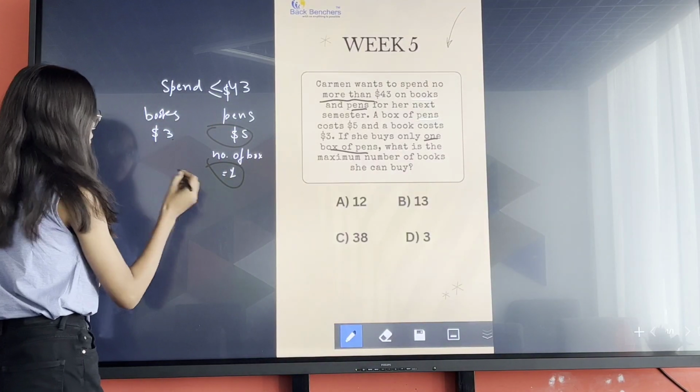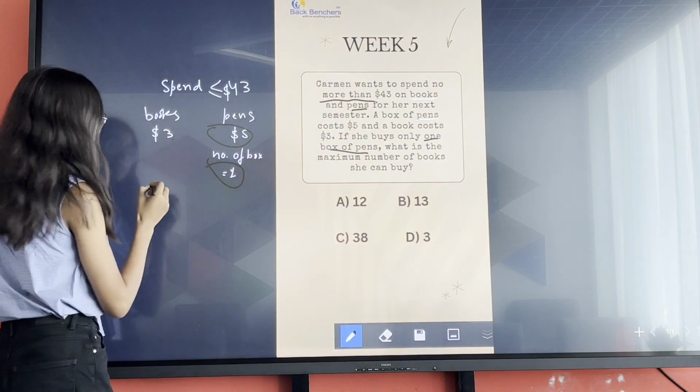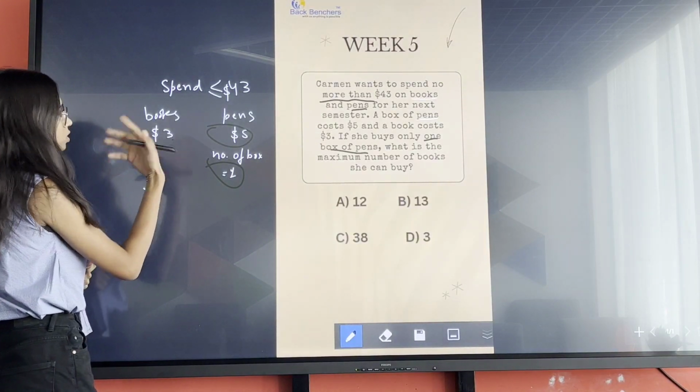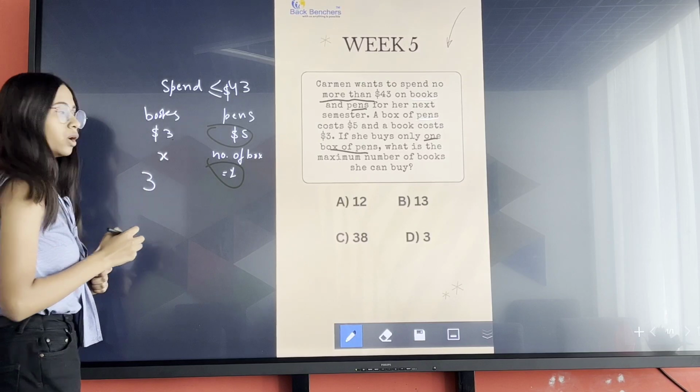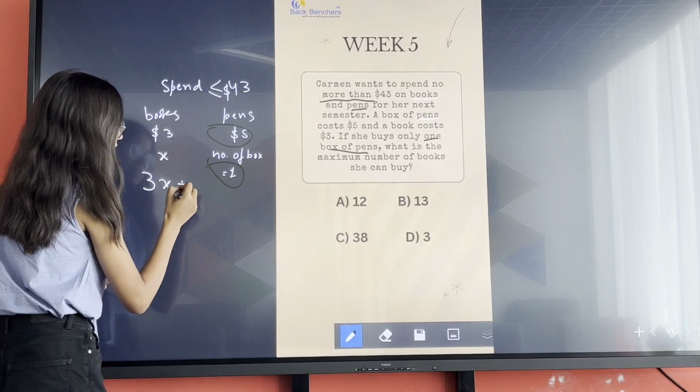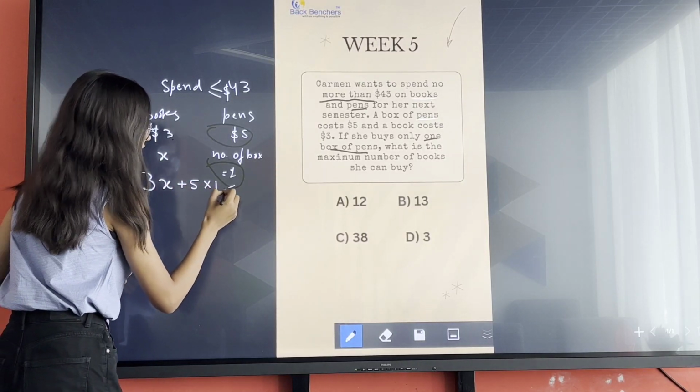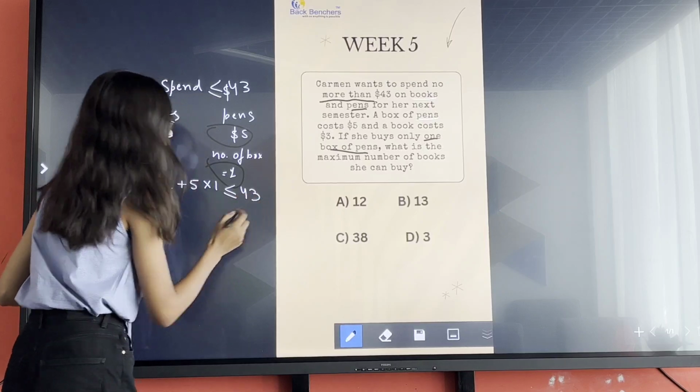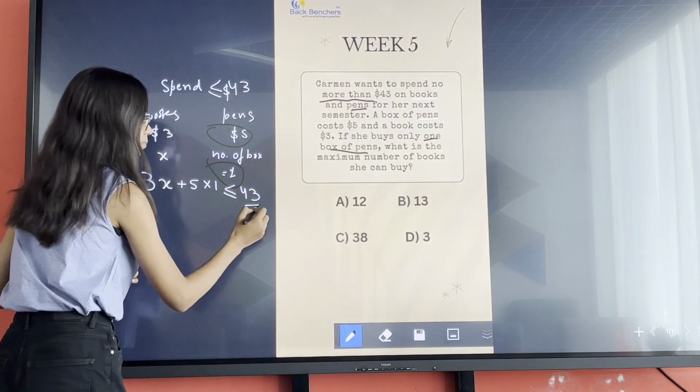So to find the total price, let's suppose my number of books is x. 3x plus 5 times 1 is less than or equal to 43, because the total cost cannot exceed this amount.